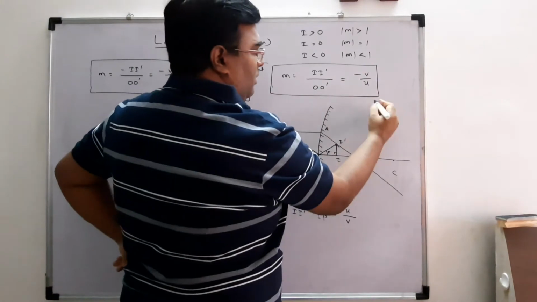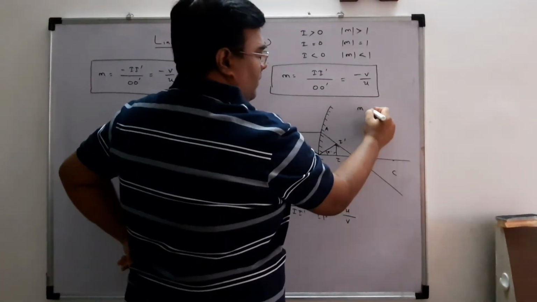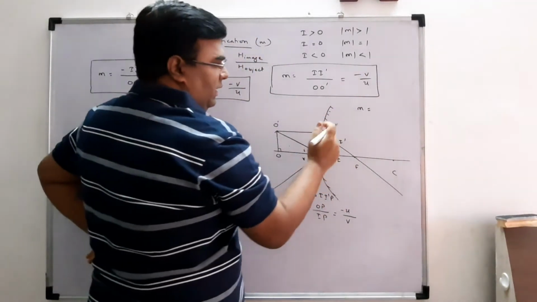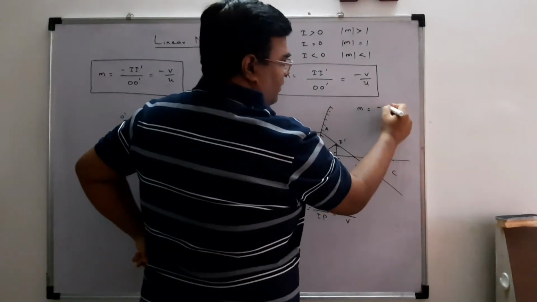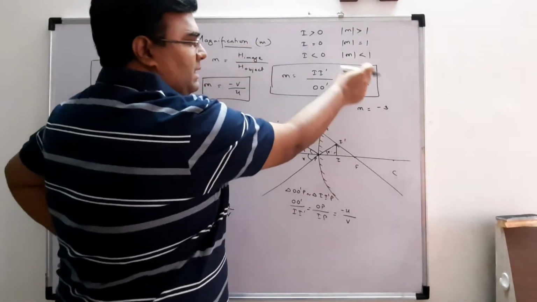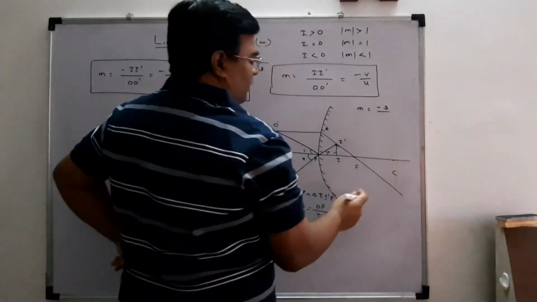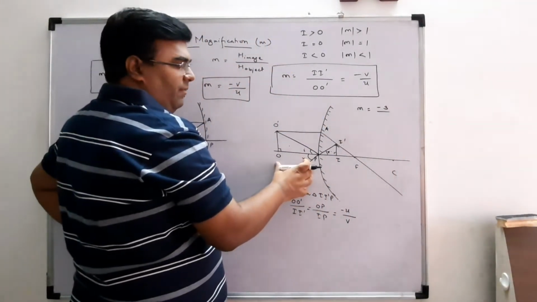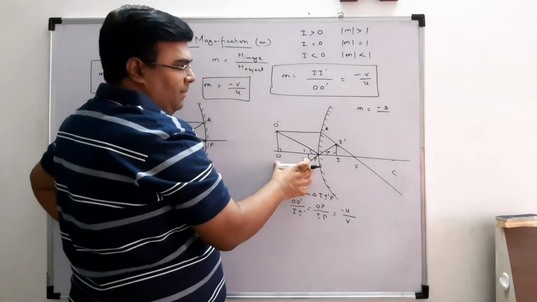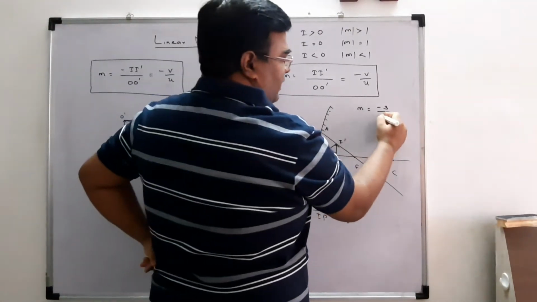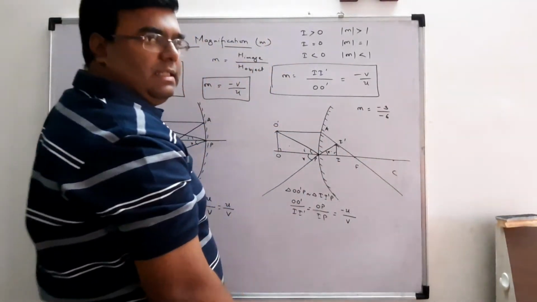So what will happen? Suppose v is 3, so we can write minus 3 because the minus sign is there, and u suppose is 6, so it will be written as minus 6. Why?